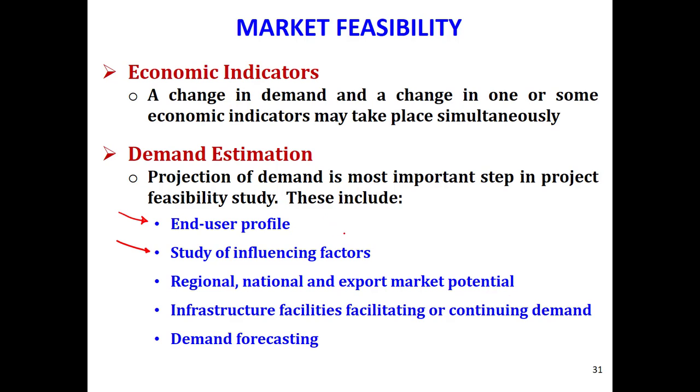If people lose their job, they cannot buy cars, right? Regional, national, and export market potential: how popular your product is in the region, locally, nationwide, or how much is the potential to export it internationally.